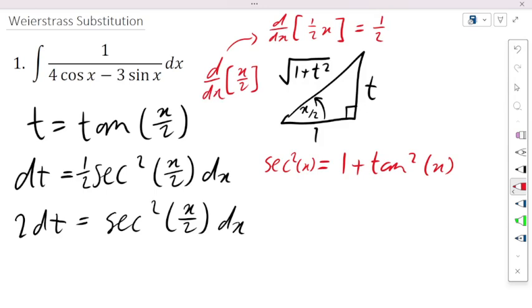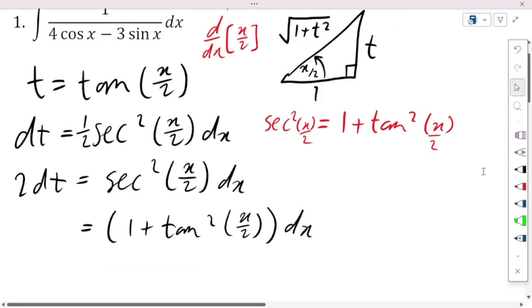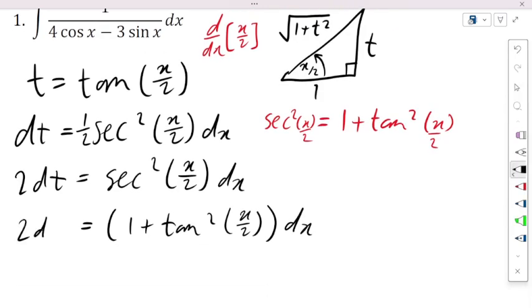Obviously, what we are doing is we're just halving the angles on both sides. So now we are actually going to do the replacement here. We are going to say that secant square of x over 2 is the same as saying 1 plus tangent square of x over 2 dx. So it's going to be 2 dt.